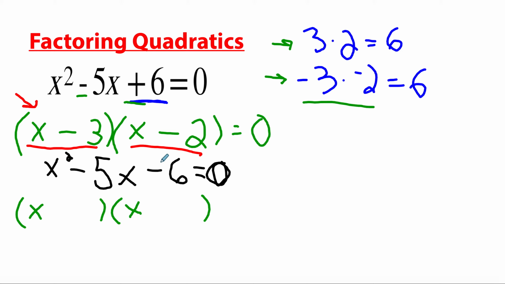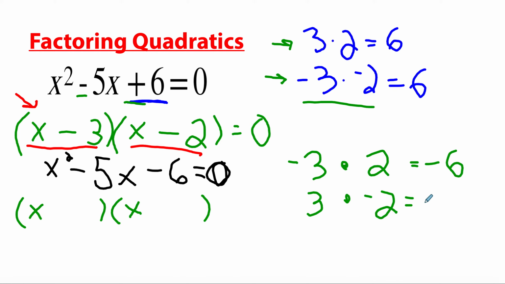Well, what are some factors of negative 6? We obviously know we're going to be working with 3 and 2. It can be negative 3 and 2, and that would give me negative 6. But when I add negative 3 to 2, that doesn't give me negative 5. There's no way I could add negative 3 and 2 to give me negative 5. Well, what about 3 and negative 2?